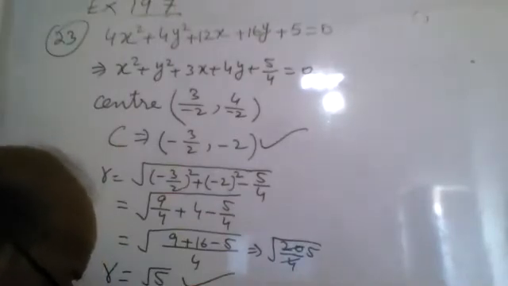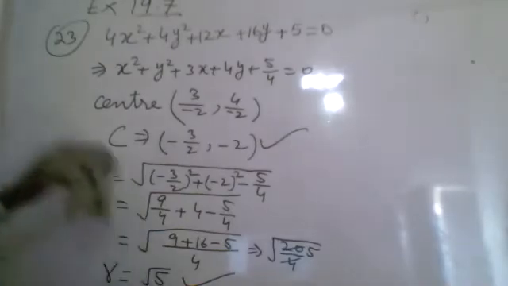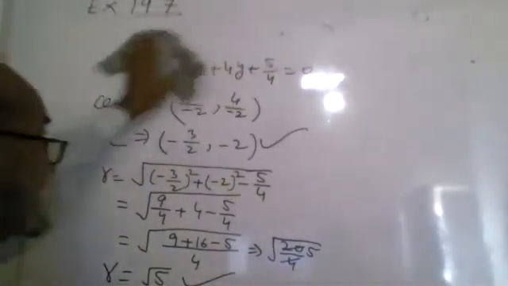Question number 25. We have to find which of them is a point circle and which of them are imaginary circle. If radius is imaginary, it will be an imaginary circle.